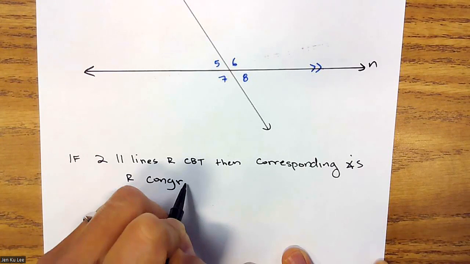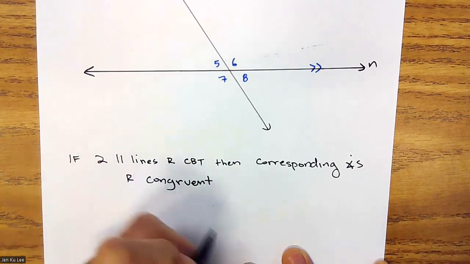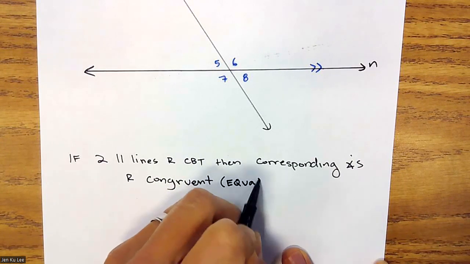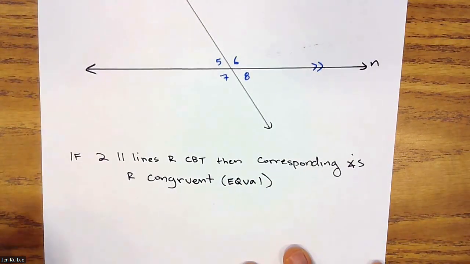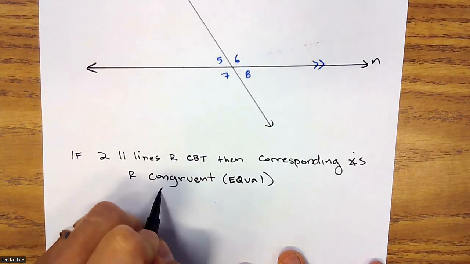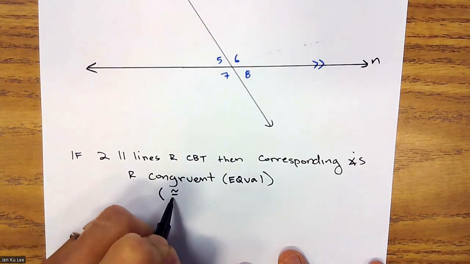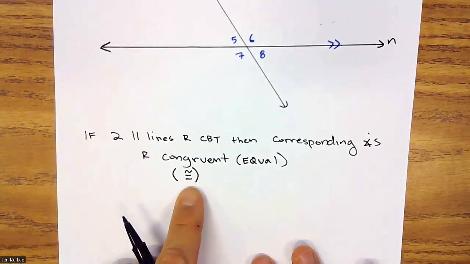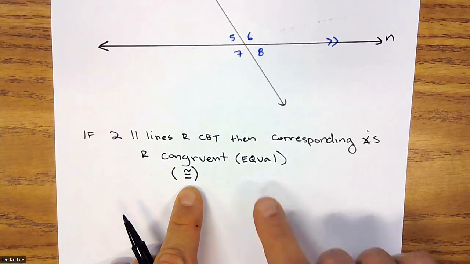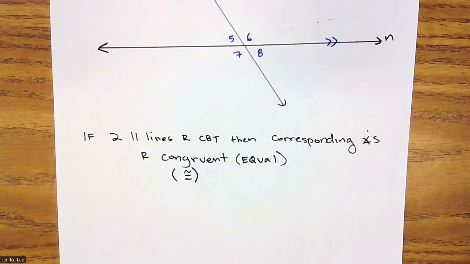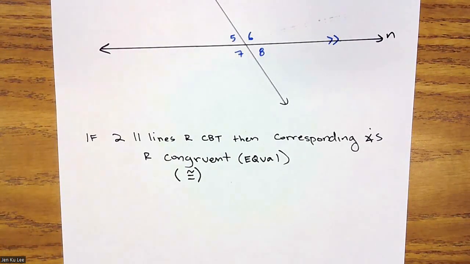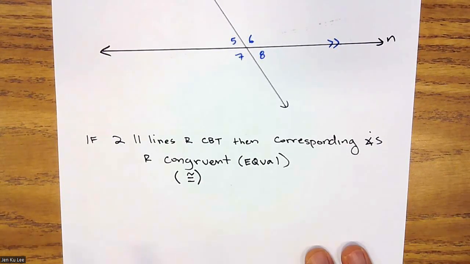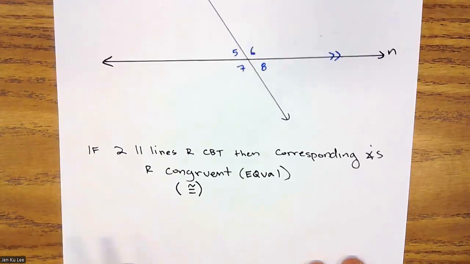You guys know what congruent means? Congruent just means that they are equal. And here is the congruency symbol. That's the congruency symbol, and it just means that it's equal. So if two parallel lines are cut by transversal, then corresponding angles are congruent.